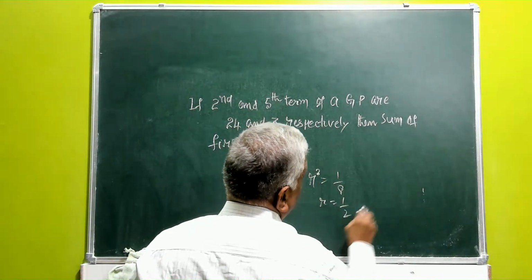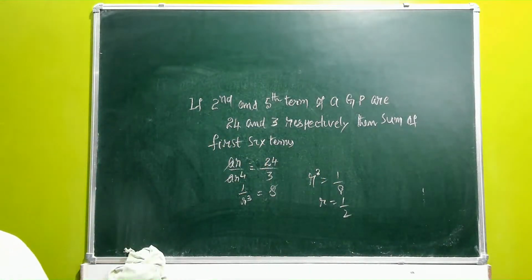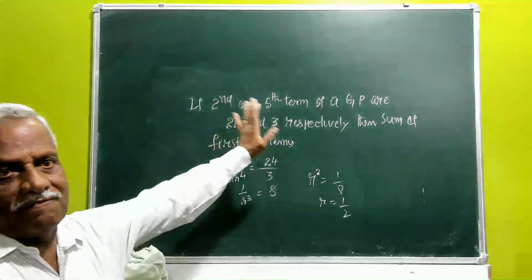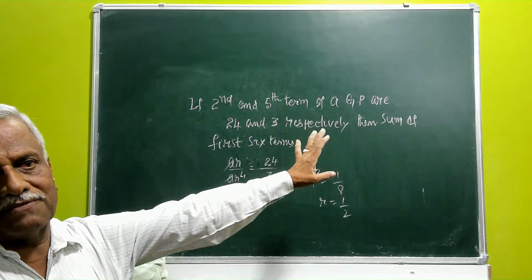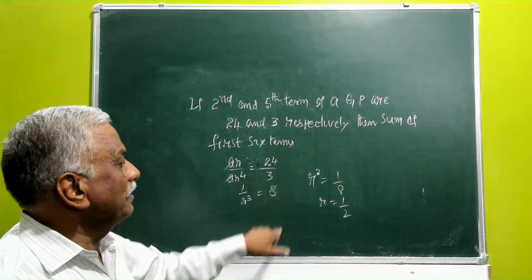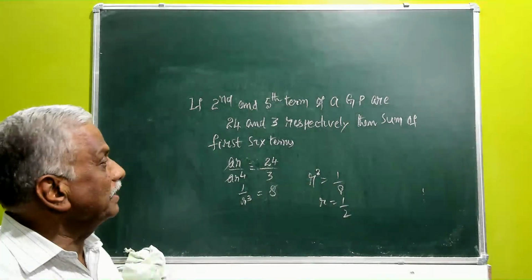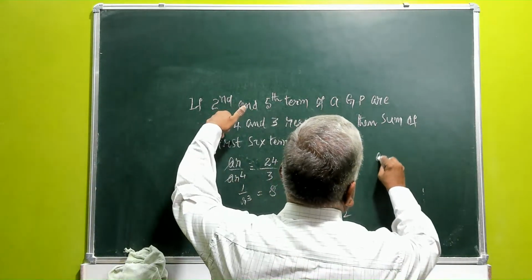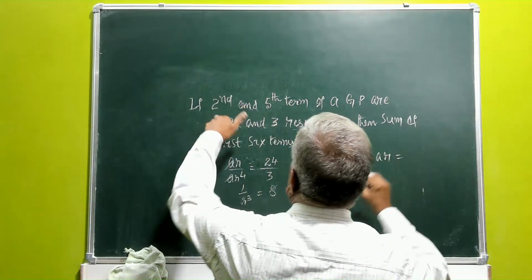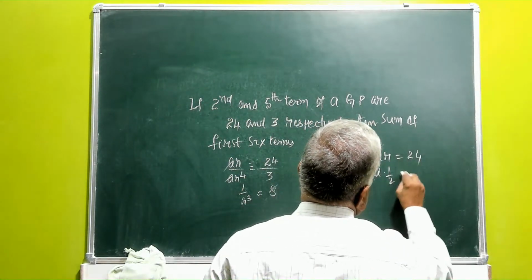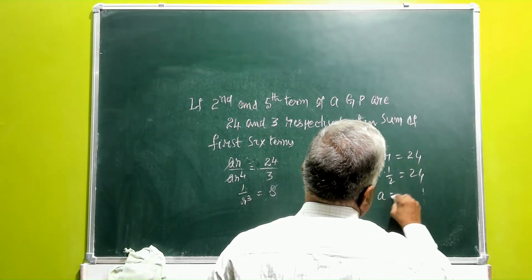R is equal to 1 by 2. Is this clear? Normally, whenever 2 different terms are given, divide one by the other. So you get 1 by R cube is equal to 8, or R cube is equal to 1 by 8, R is 1 by 2. Now you can get the other one. What is the second term? AR is given as 24. R is 1 by 2. So A is equal to 48.